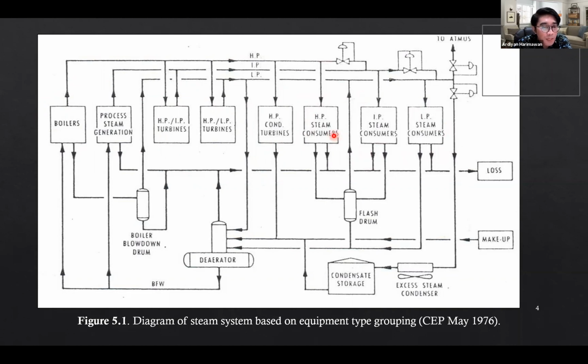And then each line represents the type of pressure of the steam that these equipments are using. So normally the flow is rotated clockwise, from the left to the right to the bottom and to the left. This is the steam diagram that is made based on the equipment group.